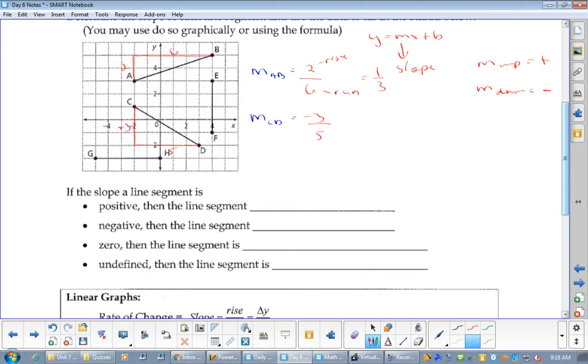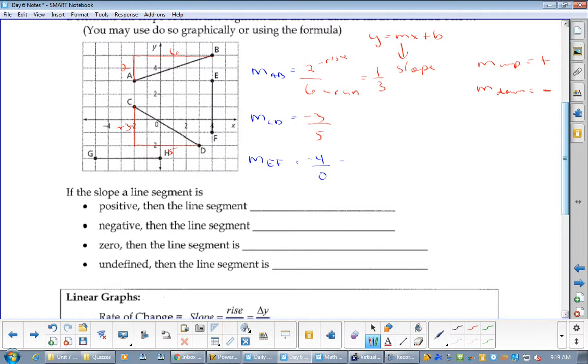Now let's do EF. So the m of EF, what is the rise? We can go -4. What is the run? What is anything divided by 0?